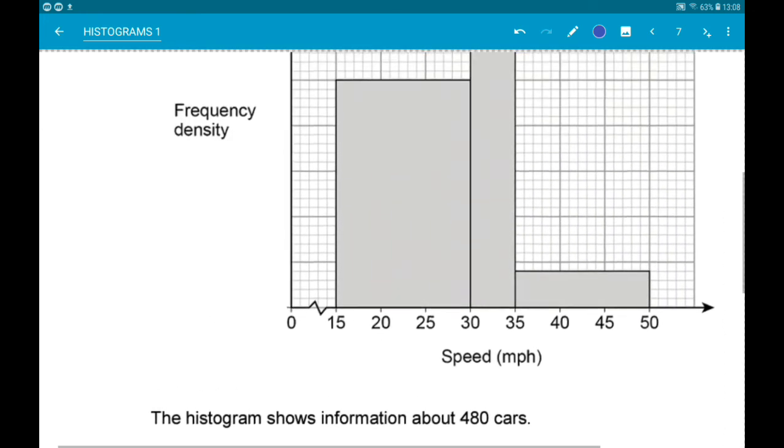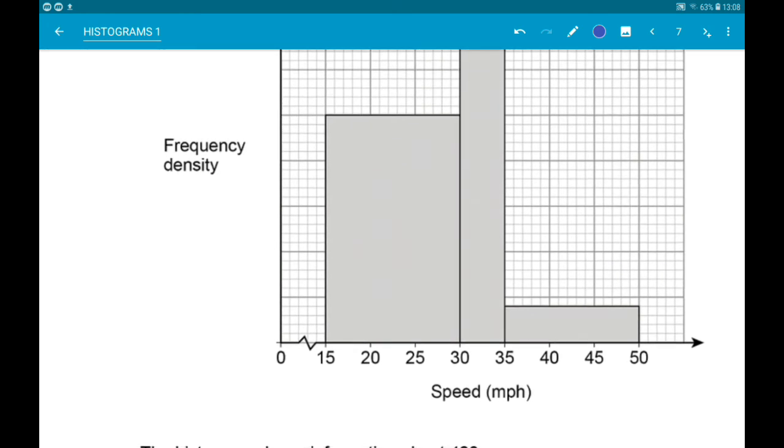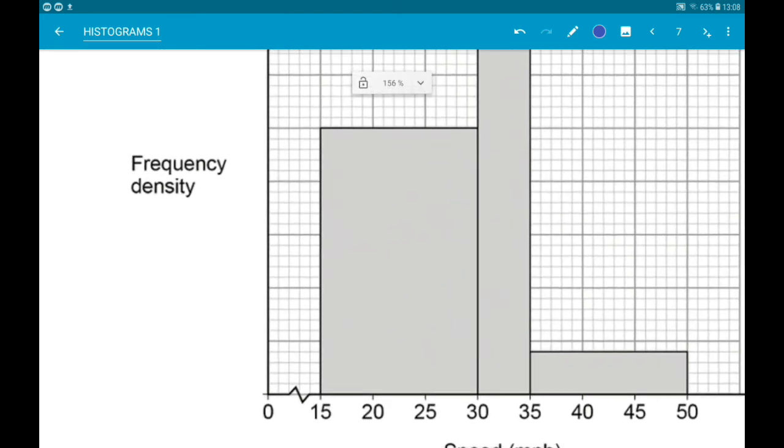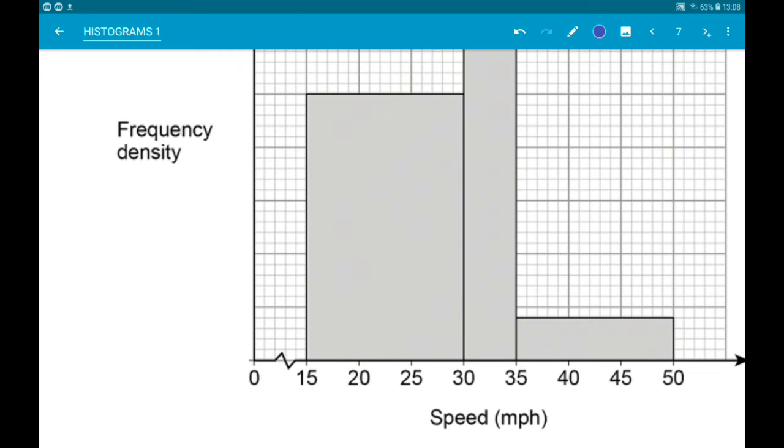So on the first bar, we're going to have 25x, and the width is 15. So in here, we have 15 times 25x. Now that is going to be 375x.